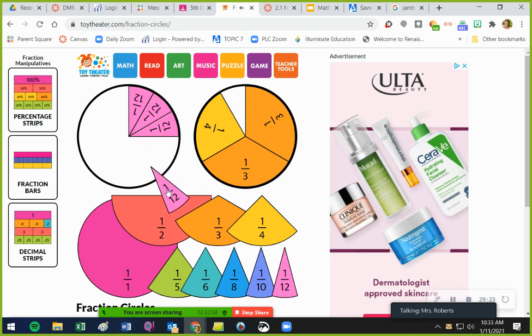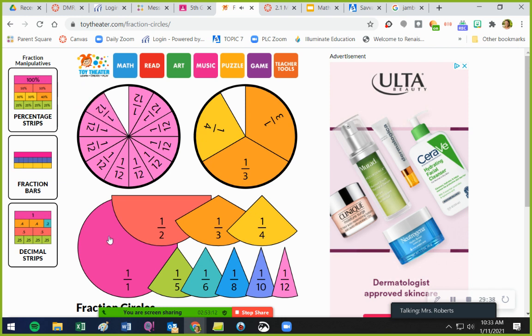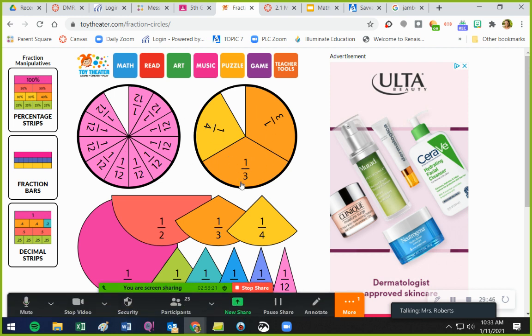I'm going to need a lot of 12ths. So first I'm going to have enough to show my thirds. That's my thirds. Now I'm going to show my fourths. You guys told me it was 3. There's 3. Do you see how I've taken up the same amount of the circle, the same amount of the whole?